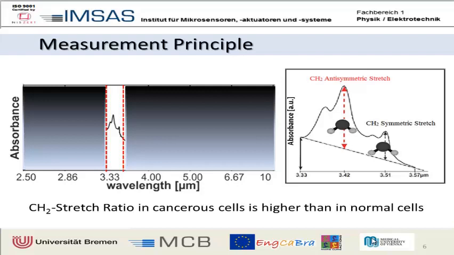So, a step back to the measurement principle. Since we want to measure just this ratio, we don't need to collect the whole spectra in this range. What we need are just 4 wavelengths. The extreme wavelengths are used to calculate the baseline, as a reference point, and the other 2 wavelengths are used to calculate the ratio.